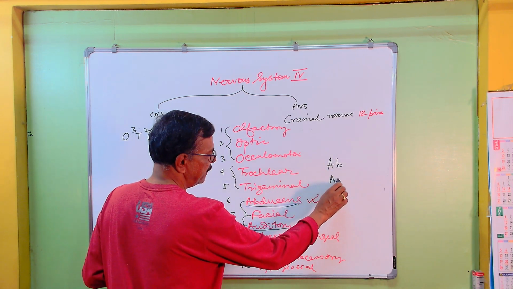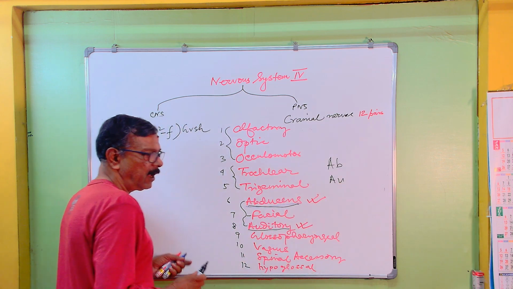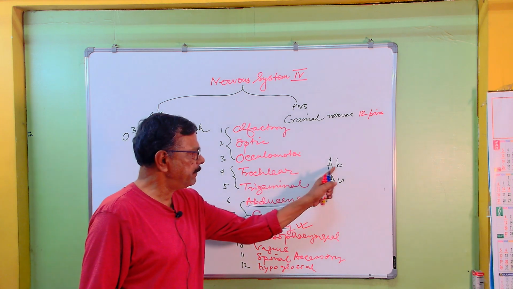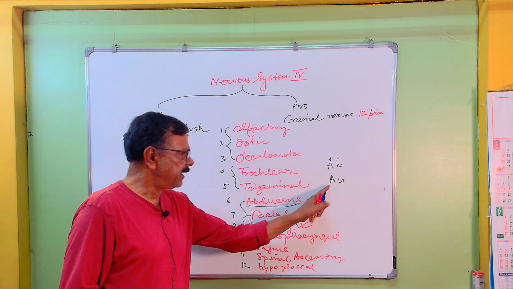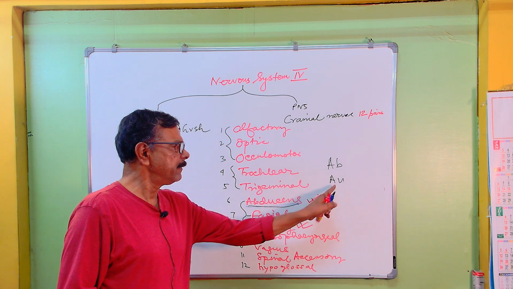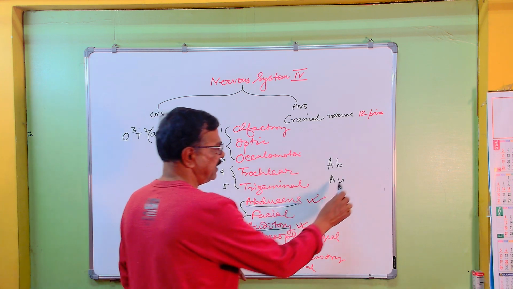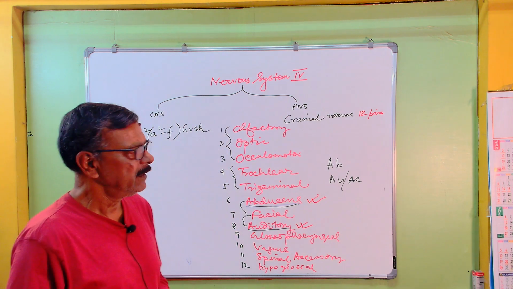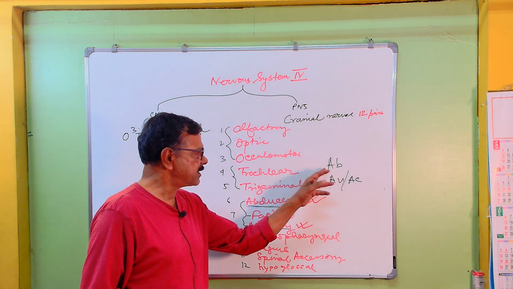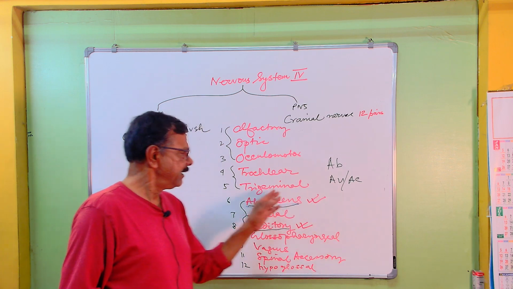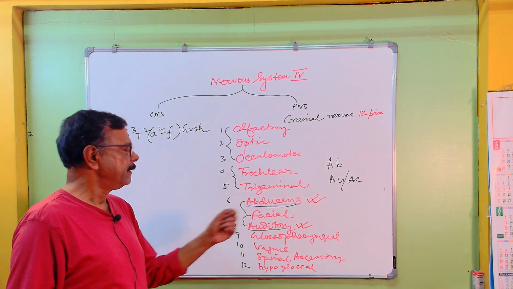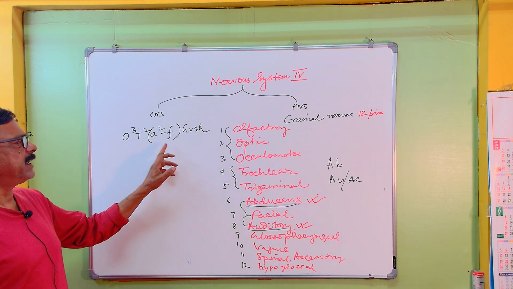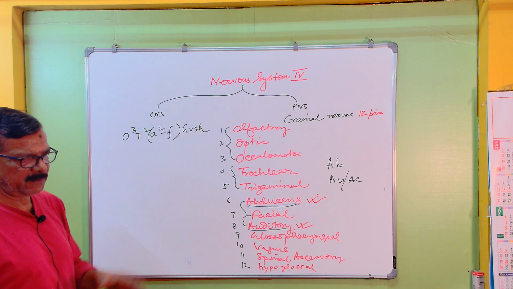How will you remember? In the dictionary, AB comes first and then AU. Auditory is also known as acoustic, and in some books it is written acoustic. So this comes first, this comes later, and in between is the facial nerve. So O cube, T square, A square minus F, GVSH.